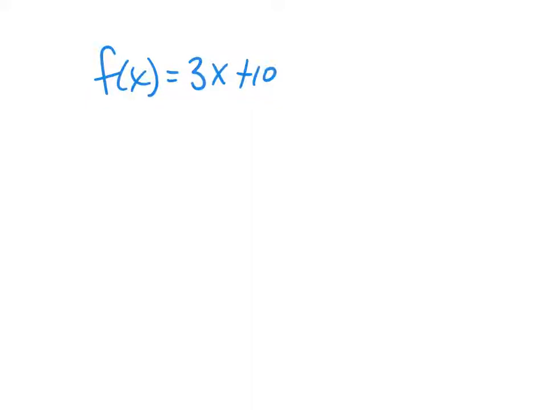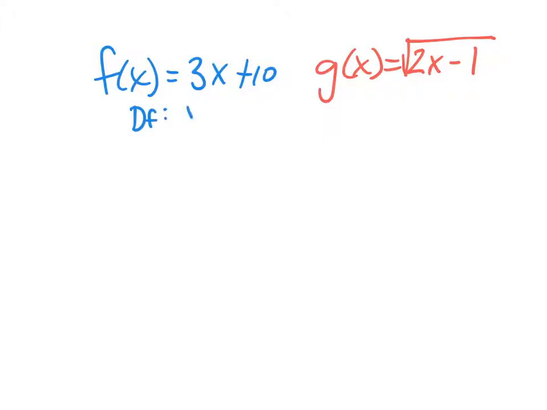f of x, g of x, and let's make this square root of... let's give this one of those kind that is given to you, a domain that you don't get to pick. We'll say that the domain of f is that x has to be greater than -4.